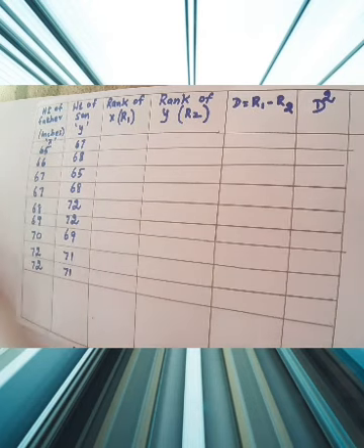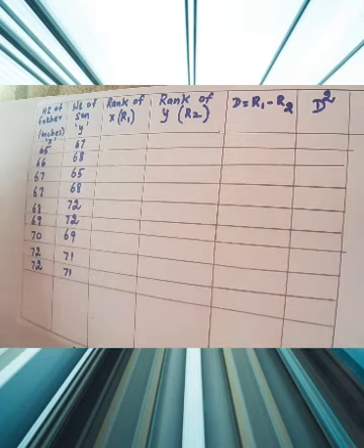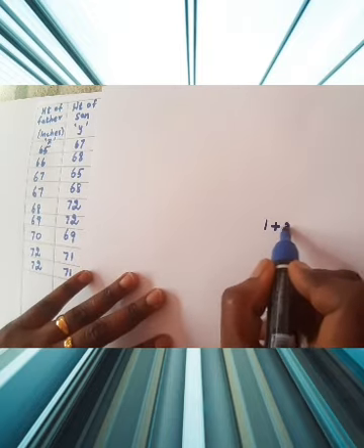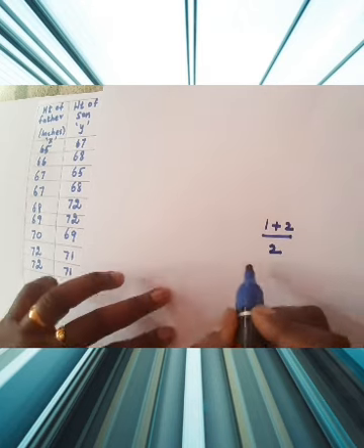So first we'll see the height of the father. Which is highest? 72. But see, 72 is being shared between the two fathers, two individuals. So what we are going to do? We are going to give the rank. How we are going to give the rank? First rank plus second rank divided by 2, because it's being shared by two people.